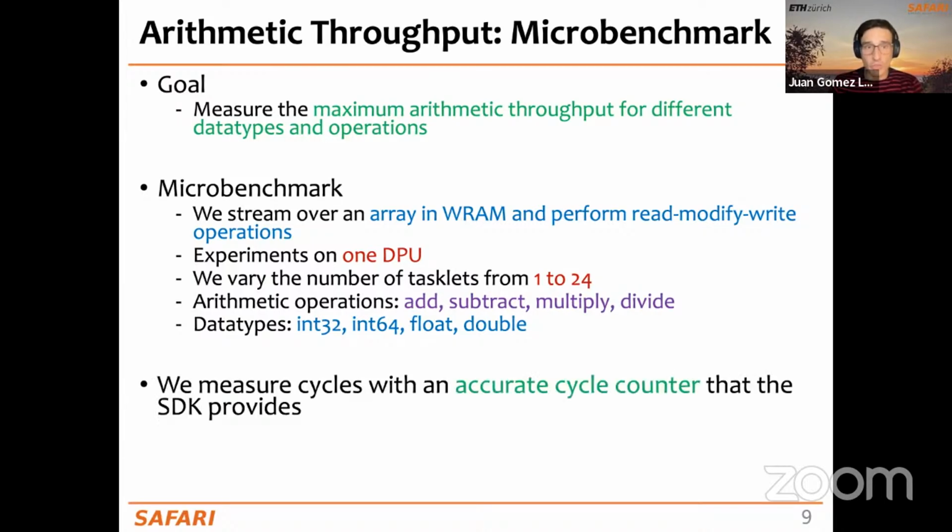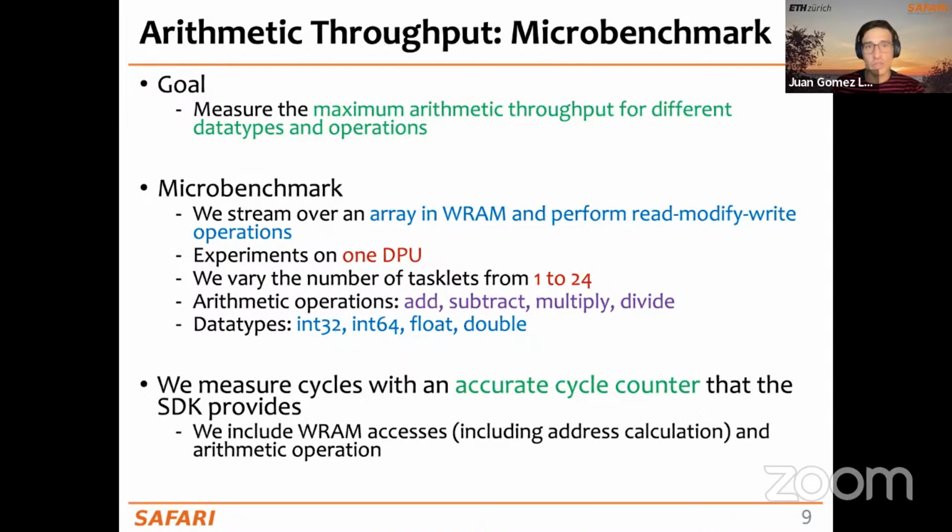To perform our measurements, we use an accurate cycle counter that the SDK provides. And in our measurements, we include the accesses to WRAM, not only the arithmetic operation, let's say the addition, where the operands are already stored in a register, because these input operands are going to come from WRAM.